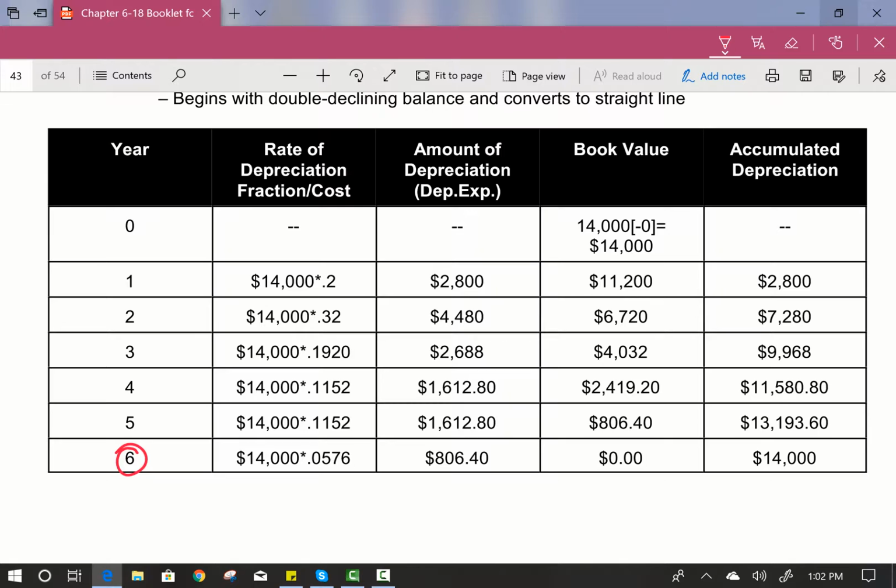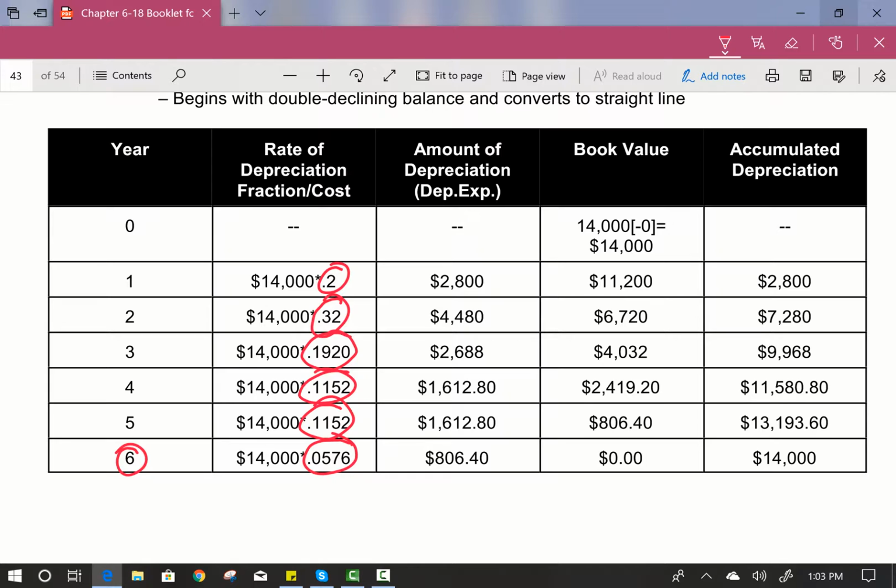And this chart that's under the Maker's Edition in your textbook begins with 20% for the first year, and then 32% for the second year, and then 19.20% for the third year, and the fourth year is 11.52%, as is the fifth year, and then the sixth year is 5.76%.